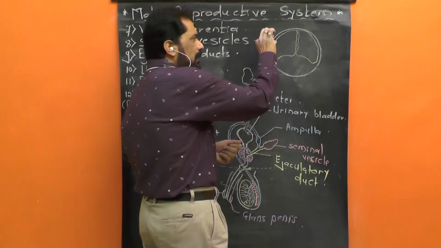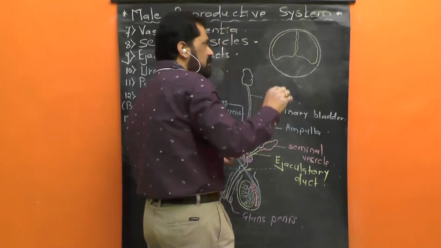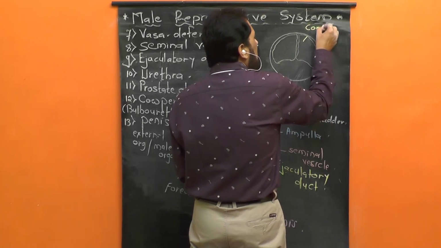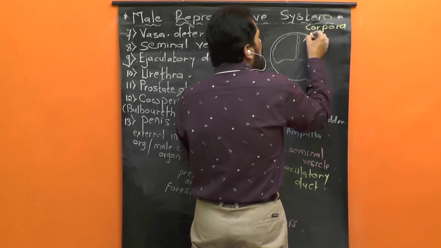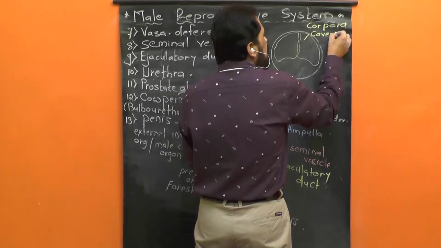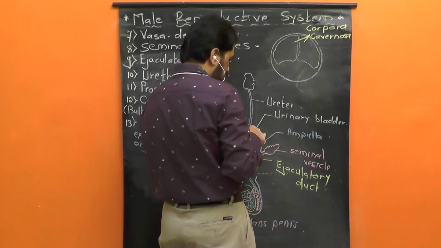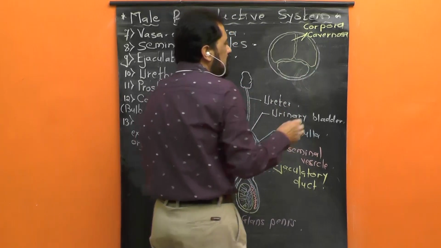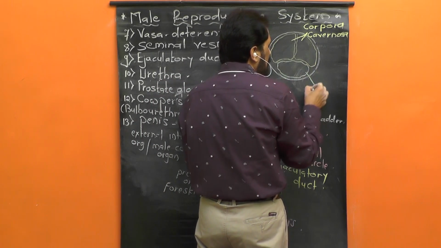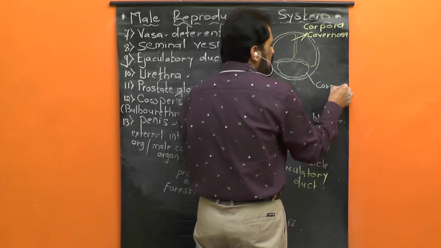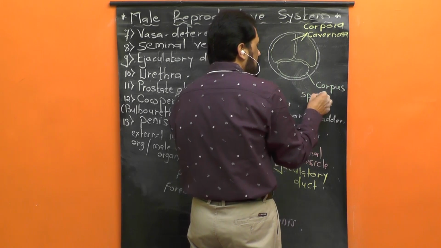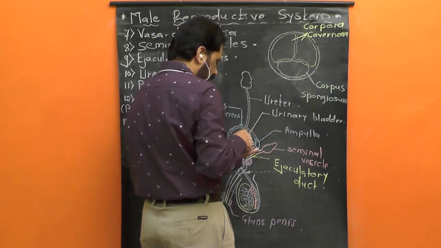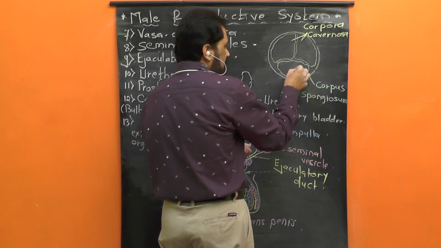These 2 upper masses of spongy tissue are called corpora cavernosa, and this lower single mass of spongy tissue is known as corpus spongiosum. The urethra is surrounded by the corpus spongiosum. This is the urethra.